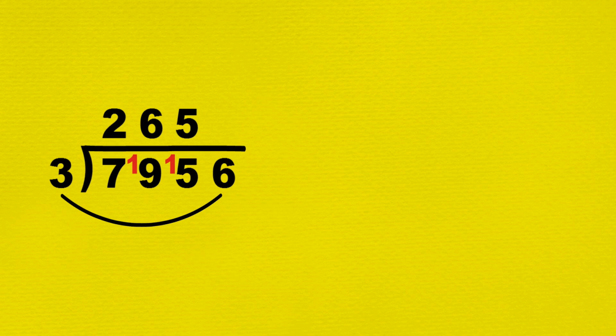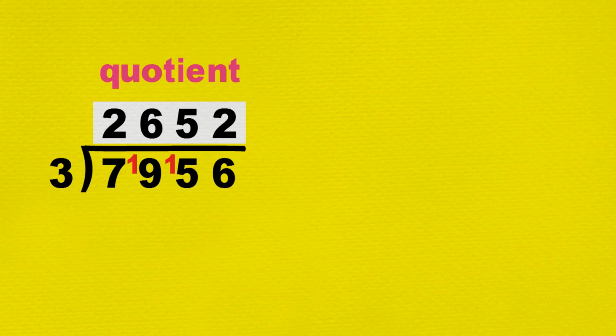Finally, 3 divides into 6 exactly 2 times, so 2 is written above the line, right above the 6. So the solution to 7,956 divided by 3 is 2,652. Note that in this case the quotient is a whole number.